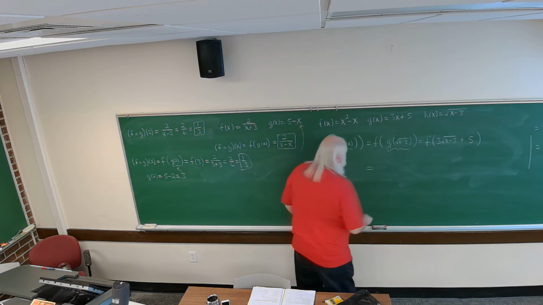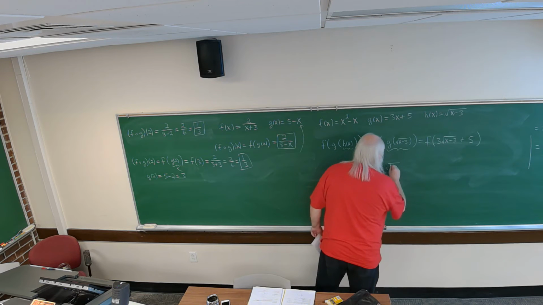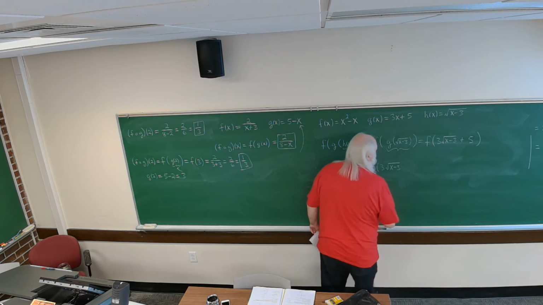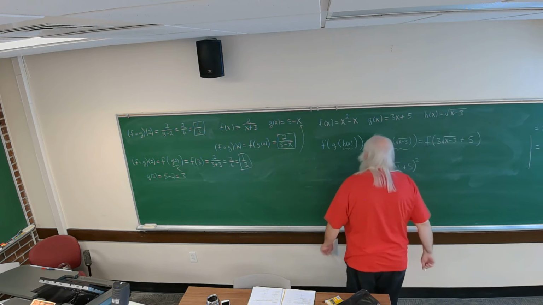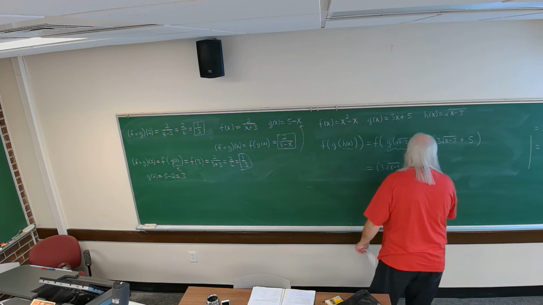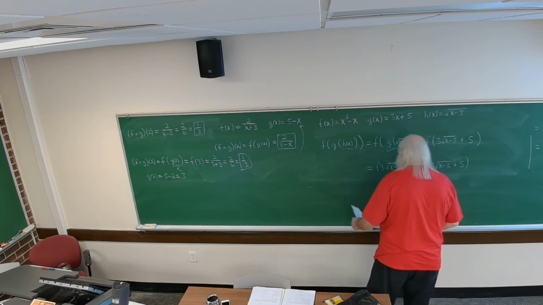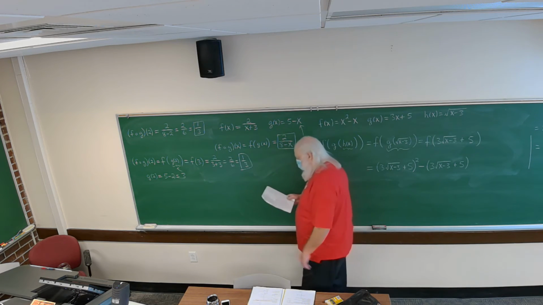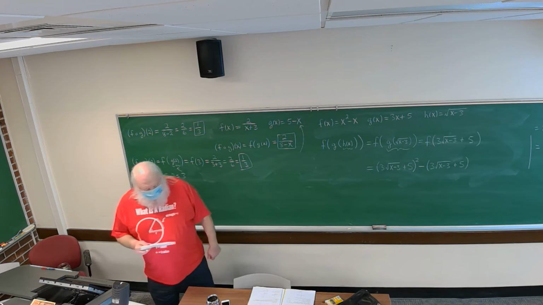So we have 3 times the square root of x minus 3 plus 5, squared, minus, in parentheses, 3 times the square root of x minus 3 plus 5.